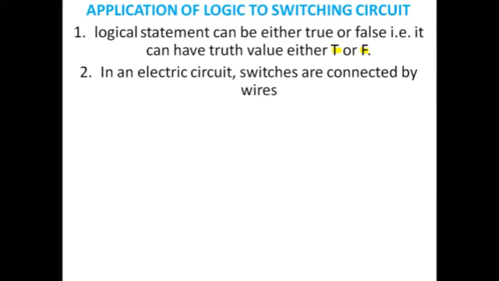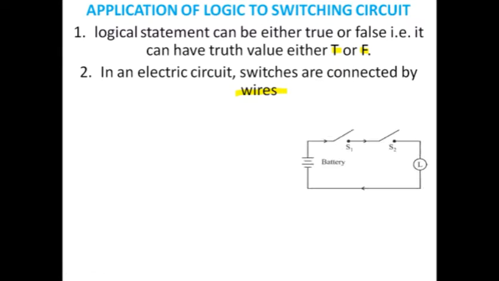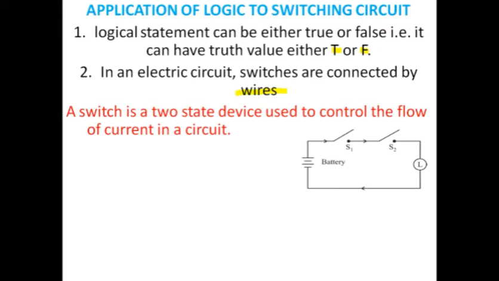Next, in an electric circuit, switches are connected by wires. This is the circuit. A switch is a two-state device used to control the flow of current in the circuit. Here, L is the lamp.